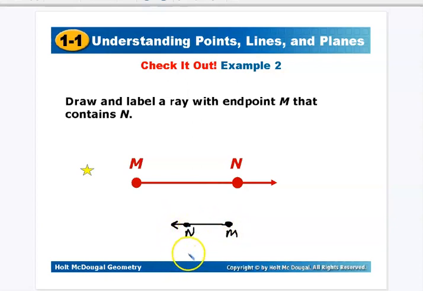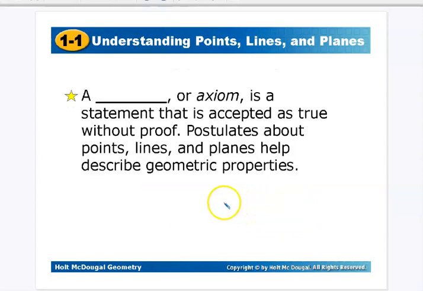That would be all right also. But again, remember, when I label it, when I'm talking about it, it's going to look like this. That's my naming of that ray. Doing well so far.